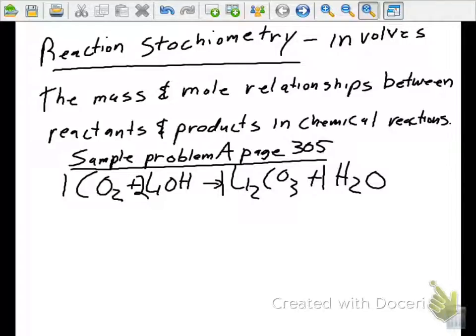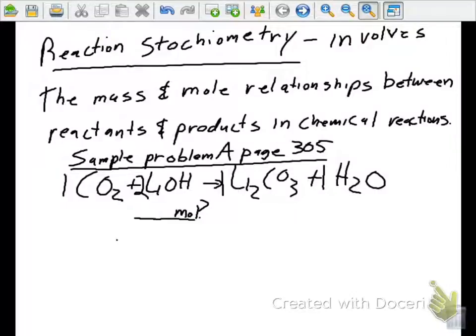So the first thing you have to be aware of, and that's why we did naming and writing formulas in such detail, is that you don't struggle with a word problem that says how many moles of lithium hydroxide. What I do, and this is just my method, you don't have to use it, it's a little different in the book, is if I want to know how much of a certain reactant or product there is, I'll put a line under that and put a mole there, with a question mark.